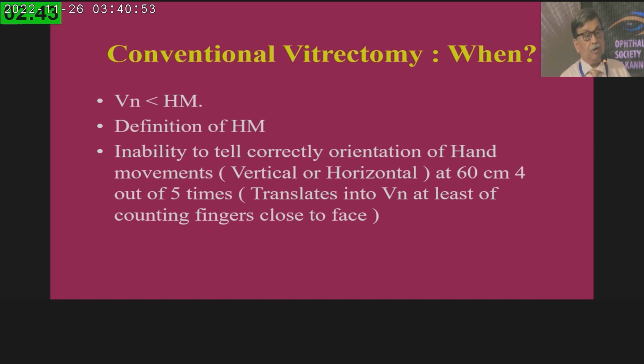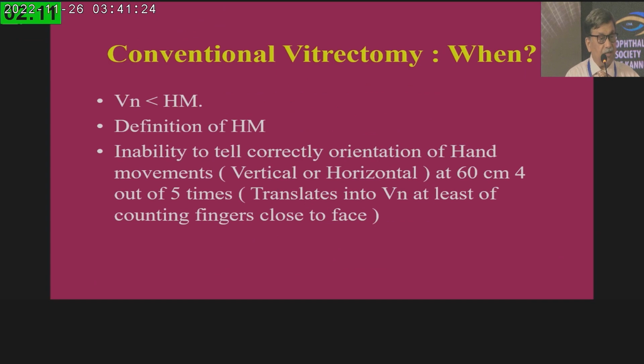The conventional vitrectomy you would do if the vision is worse than hand movements. But what is hand movements? In the EVS, the definition of hand movements was the inability to tell the correct orientation of hand movement, vertical or horizontal, at 60 centimeters, more than half a meter, and 4 out of 5 times.